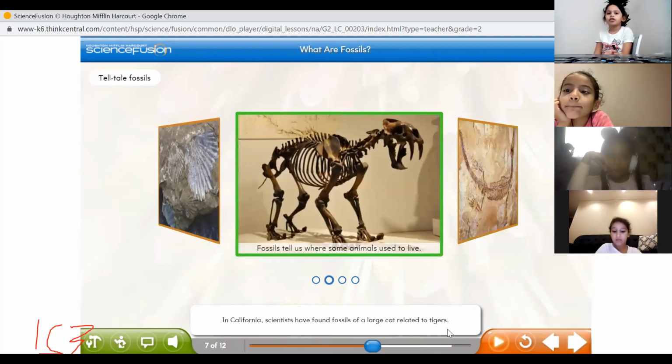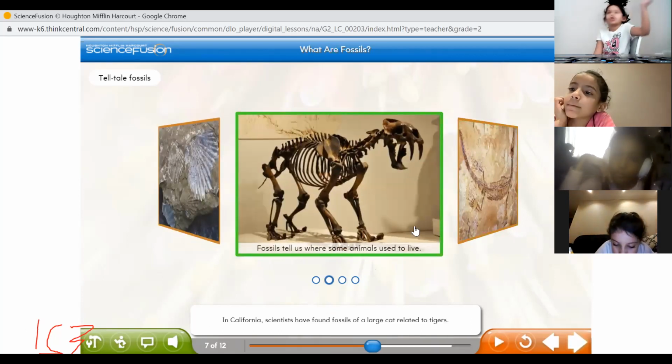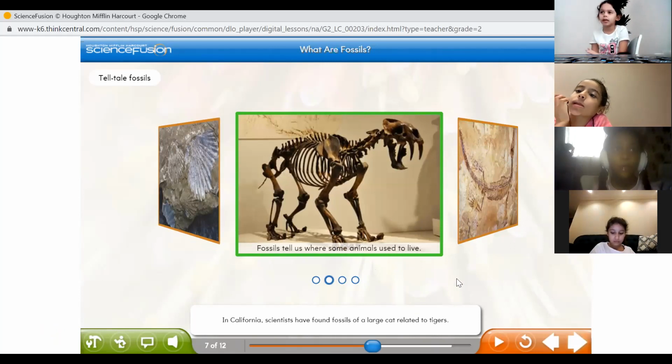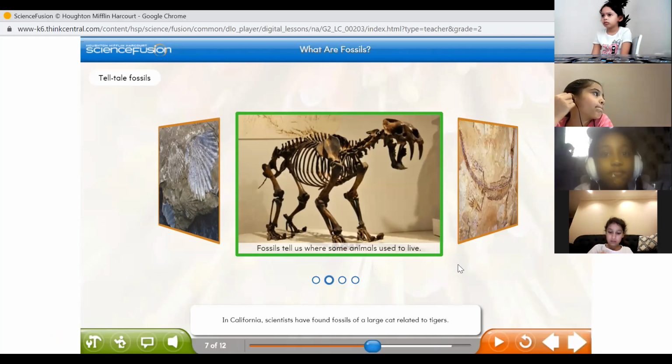In California, they found this in a cat shape, but also like tigers. It looks like cats and tigers, but they don't know exactly what it is. So it's an extinct animal. It's not living anymore. Okay, it's larger than a cat, but related to tigers. Okay, guys?